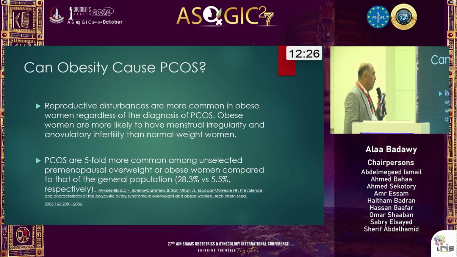Reproductive disturbances are more common in obese women regardless of the diagnosis of PCOS. Obese women are more likely to have menstrual irregularity and anovulatory infertility than normal weight women. PCOS is 5-fold more common among unselected premenopausal overweight or obese women compared to the general population.